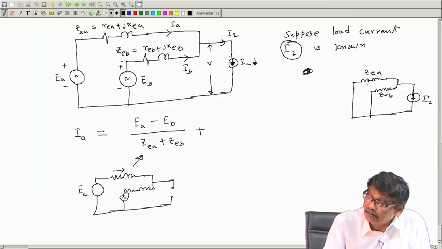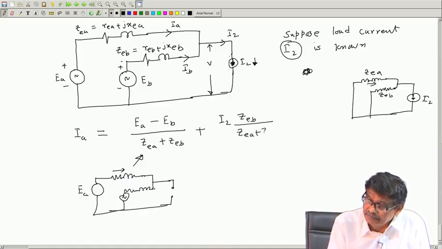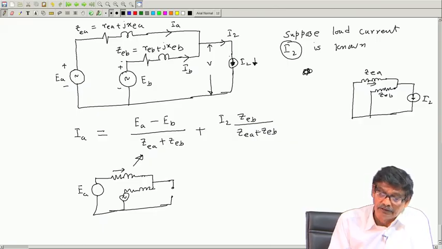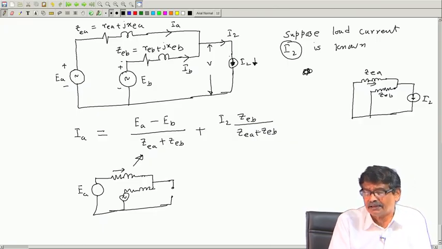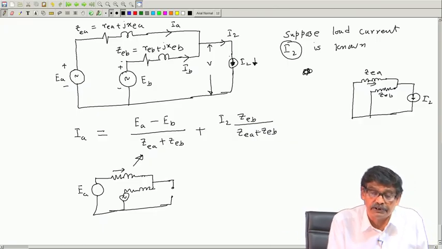So, for example, this current will be, because of I2, the total current I2 into the impedance of the other branch divided by the sum of the impedances, is it? That is all. In one line you will get this current instead of solving so many equations.